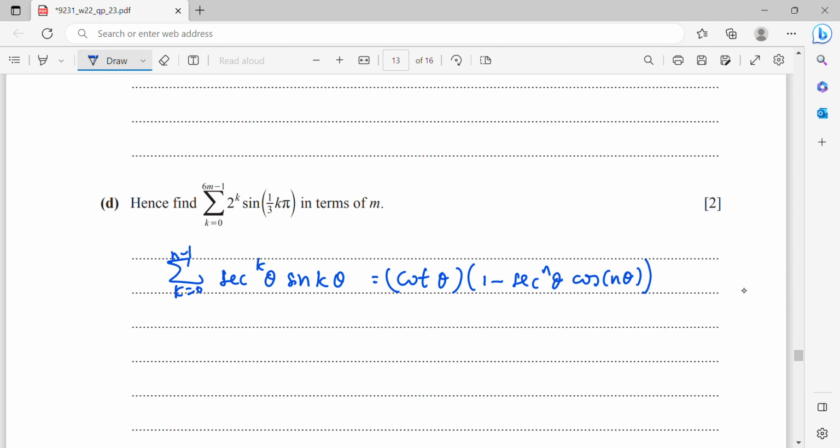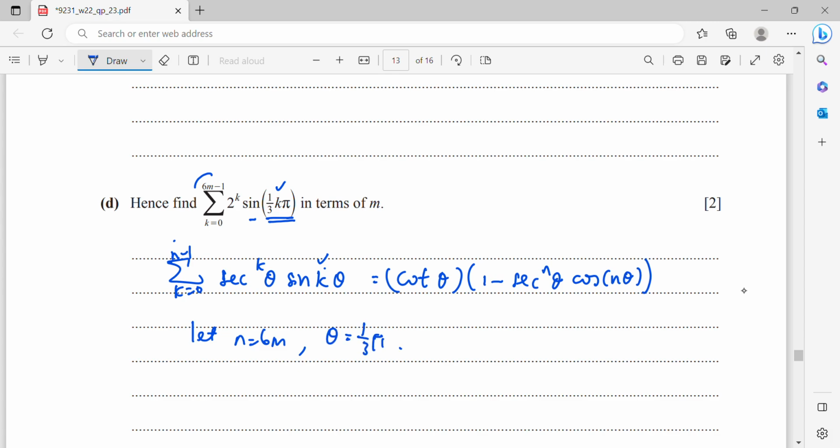Right, so now when you compare, n is 6m, right? So I will write let n equal 6m, and then sine 1 over 3 k pi. Here sine k theta, which means your theta is 1 over 3 pi.